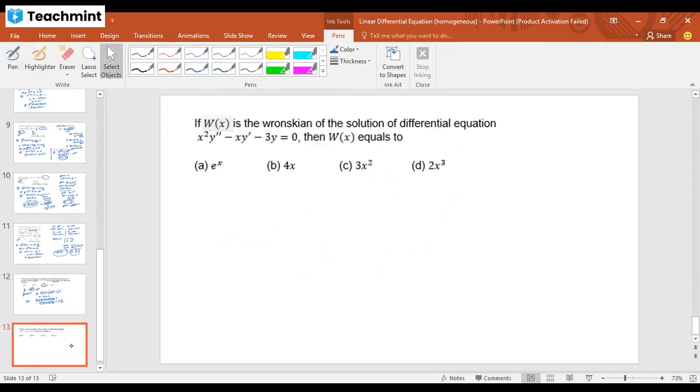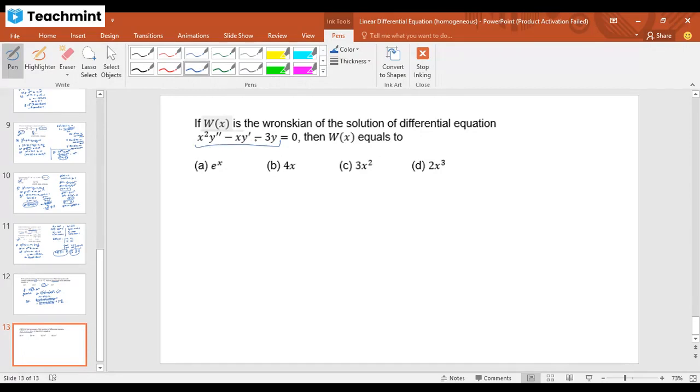Okay, now let us move to the next one. If W(x) is the Wronskian of the solutions of a differential equation, then what is the Wronskian of x? So there are two ways to find it. One is we need to firstly find the solution of this differential equation, but it is a differential equation with variable coefficients.